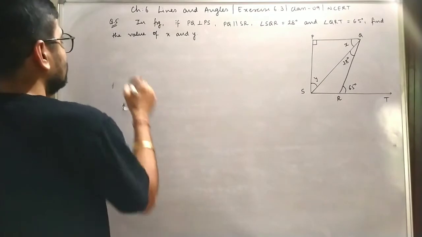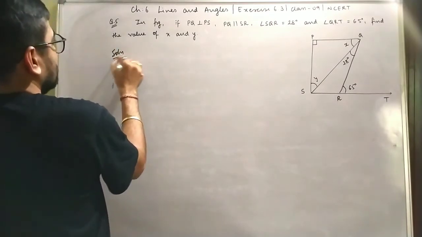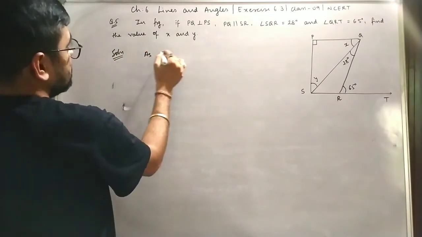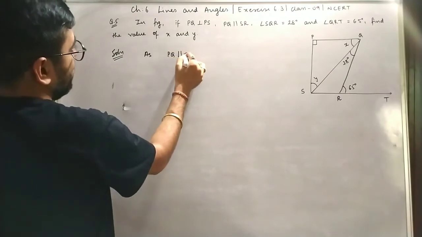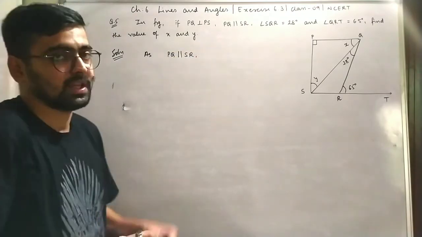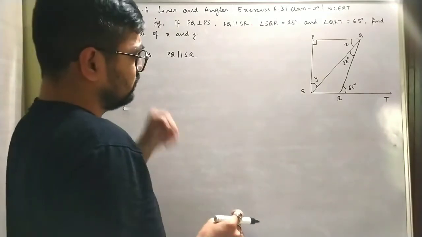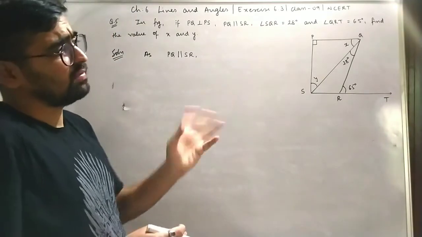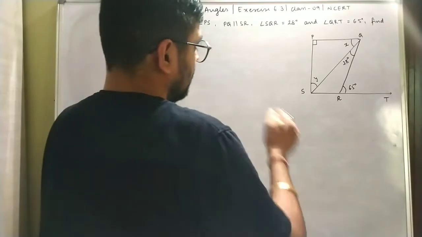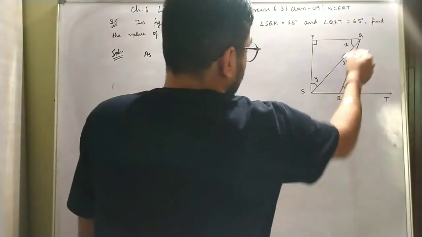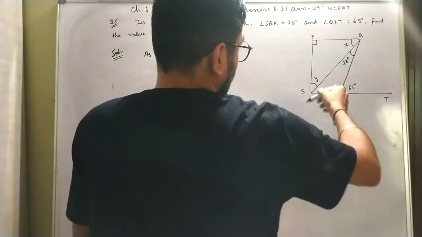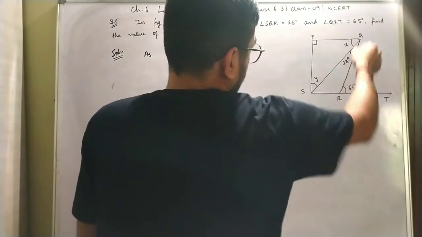Now how can we do this? In what way can we do it? What I know is PQ is parallel to SR. So I can consider any one of them as a transversal as I want. I can consider line QS as the transversal, or QR.